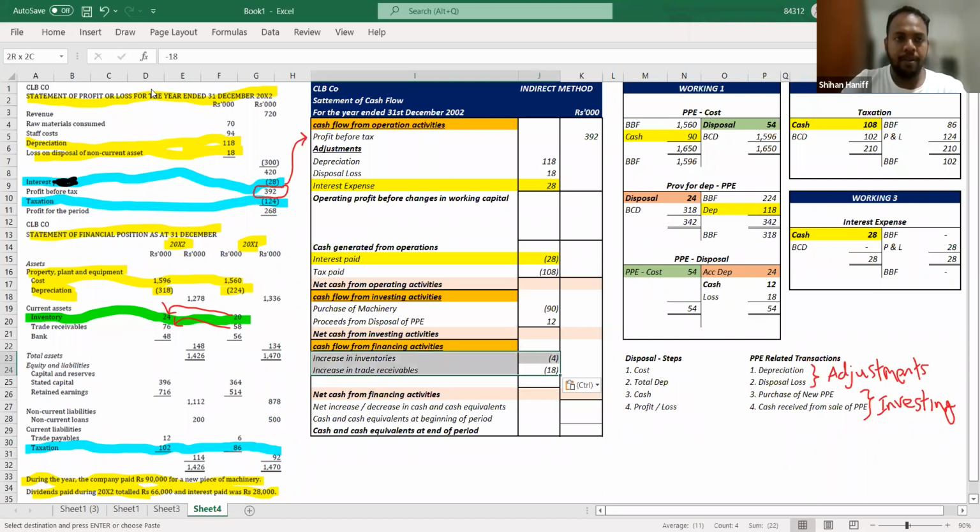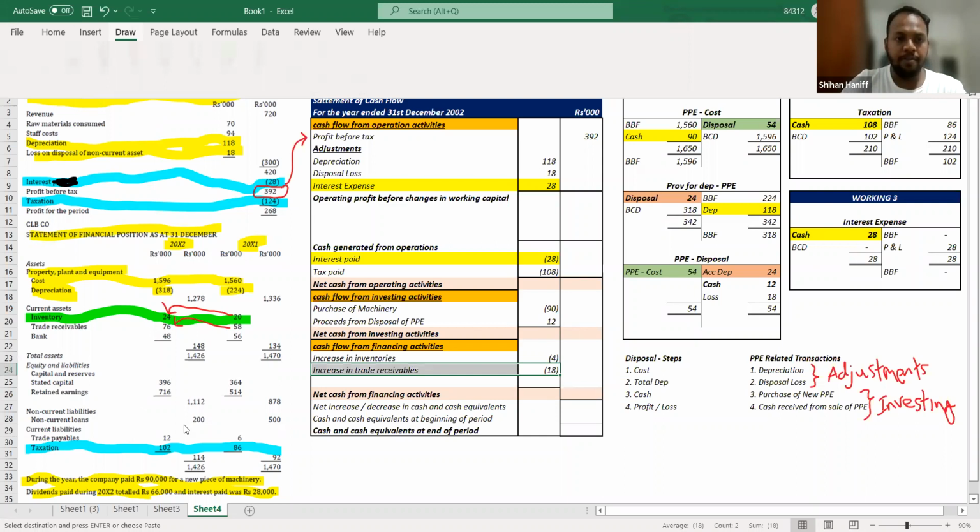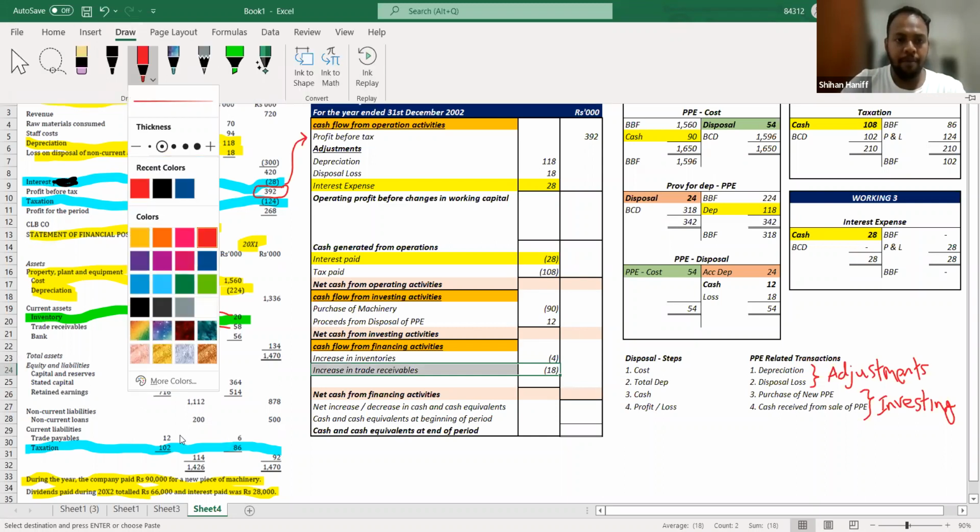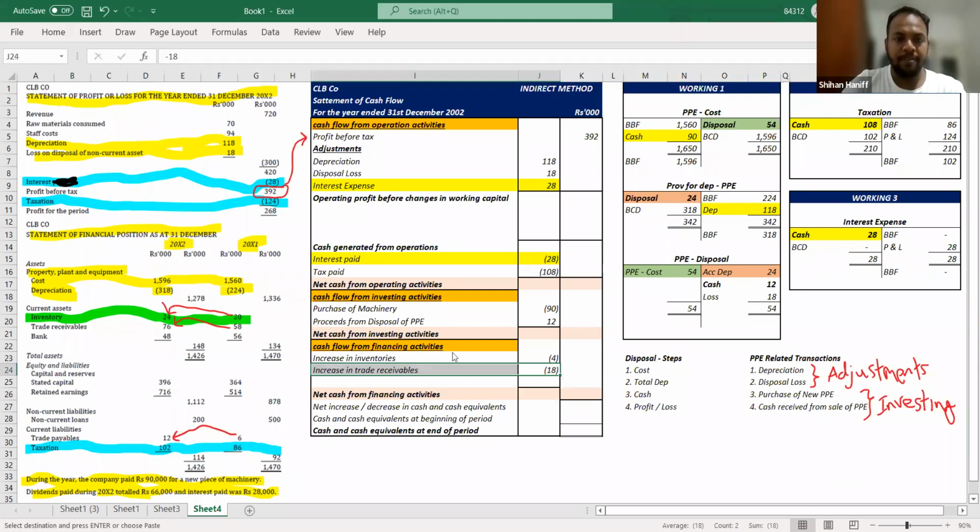In the liabilities, trade payables also increased by 6. Okay, so that part is done. Trade receivables, inventory, trade payables.